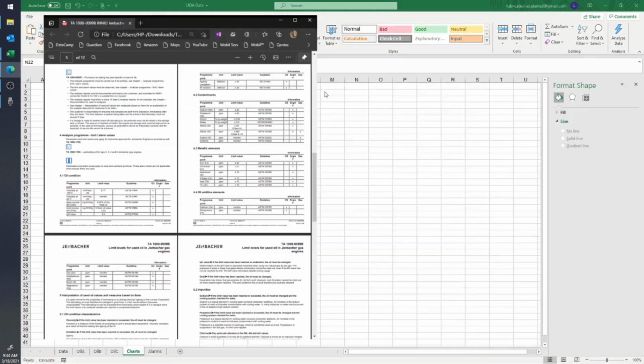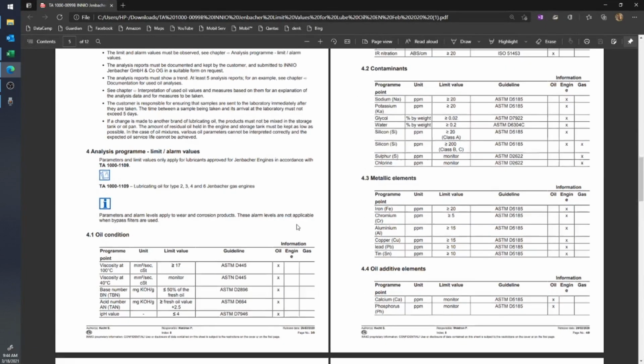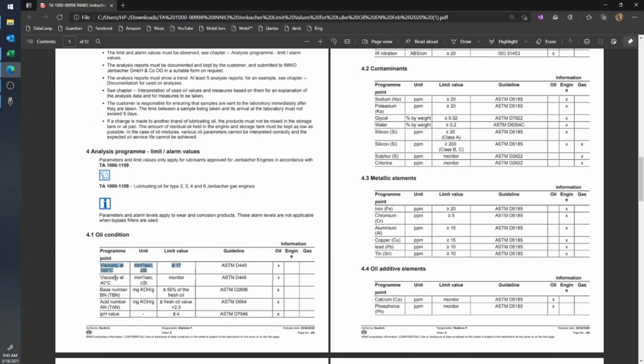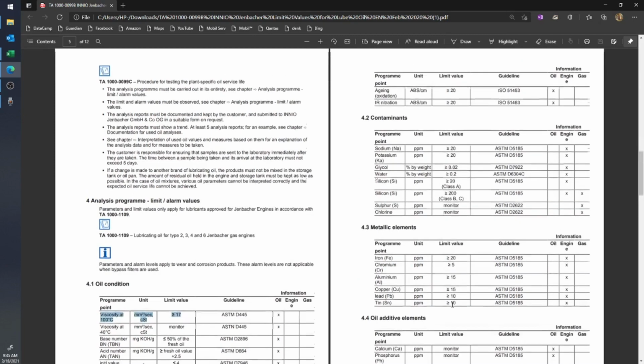So I have the document for Jenbacher's limits on their oil analysis program. And one thing that you can see is that the viscosity at 100 degrees Celsius is okay so long as we remain below 17 centistokes, right? Now I've actually taken this document, right? So it has limits for viscosity, TAN, TBN, oxidation, nitration, contaminants, and metallic elements.